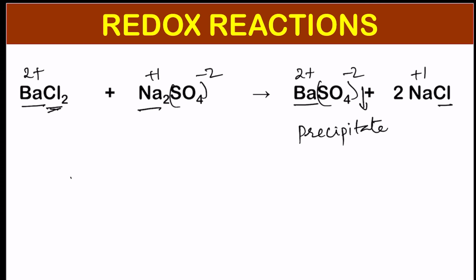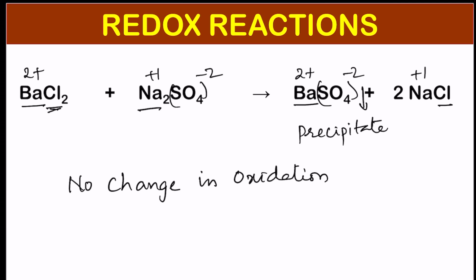When there is no change in oxidation state, it implies the reaction is not a redox reaction. A redox reaction is a process where there is reduction as well as oxidation. This reaction is an example of precipitation where there is neither reduction nor oxidation.